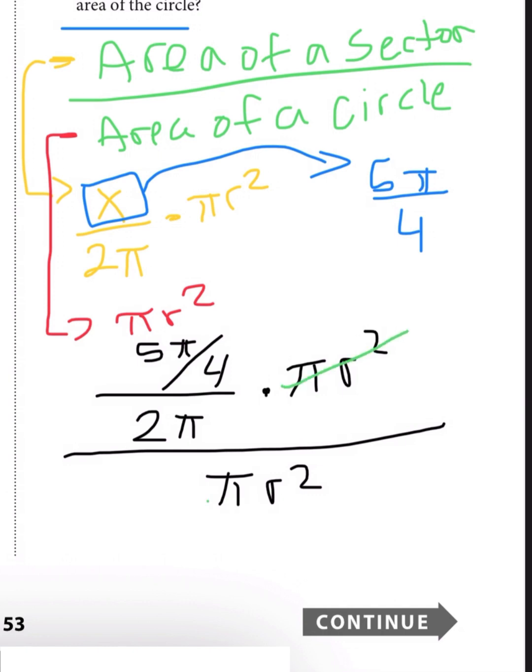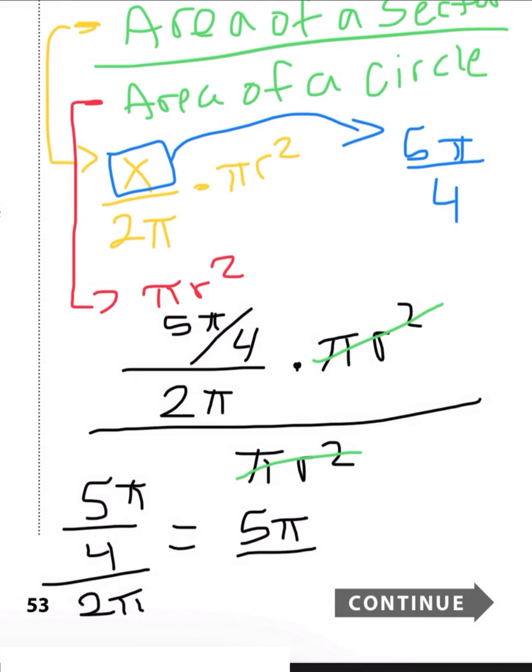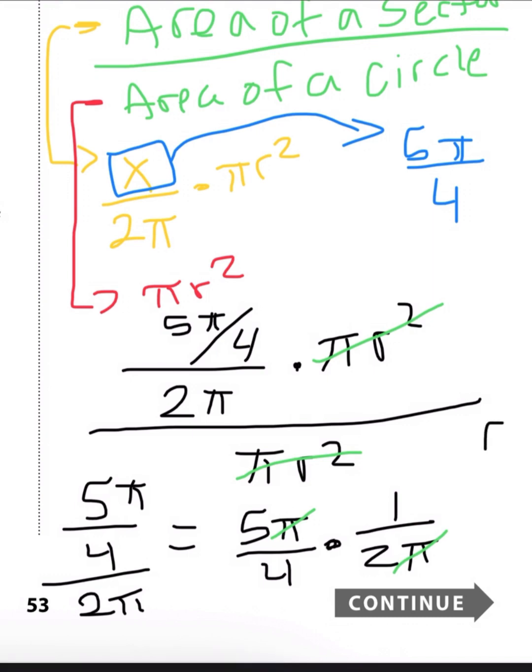This cancels off and this cancels off, right? Now we're just left with 5 pi over 4 over 2 pi, which can also be written as 5 pi over 4 times 1 over 2 pi. You can see that the pi's cancel off. Now you just have to do a little bit of multiplying, and your answer is 5 over 8.